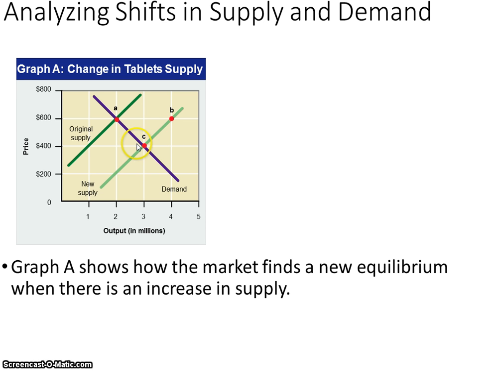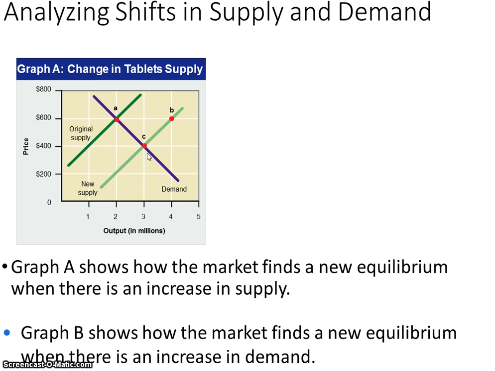And the result is more producers of tablets. Now we have Microsoft, we have Samsung, and so on, willing to produce tablets at a cheaper price. So now at $400, they're willing to produce tablets, creating a new equilibrium price of $400 to keep demand and consumers happy.